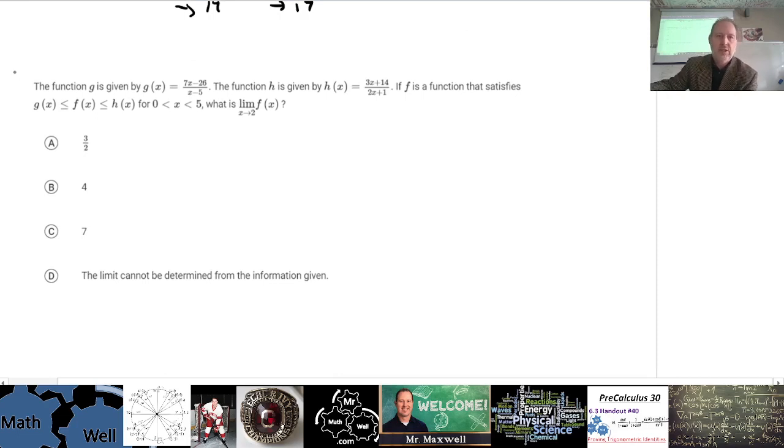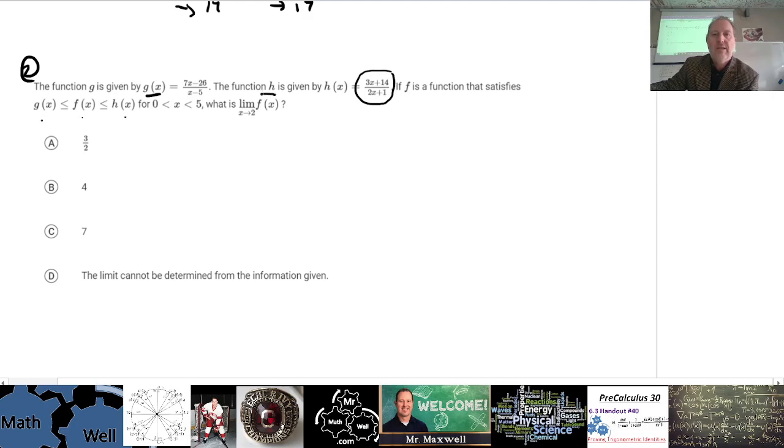Okay, so question number 2 here. The function g is given by 7x minus 26 over x minus 5. That's g of x. H is given as this one right here. So we got g and we got h. And f is a function that satisfies this hypothesis here, that f of x is between g of x and h of x for all x values from 0 to 5.